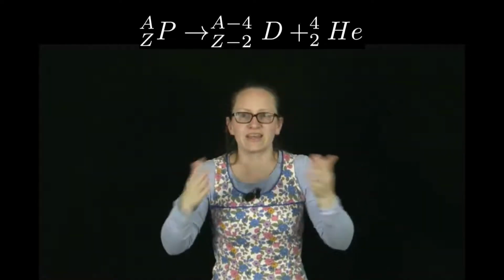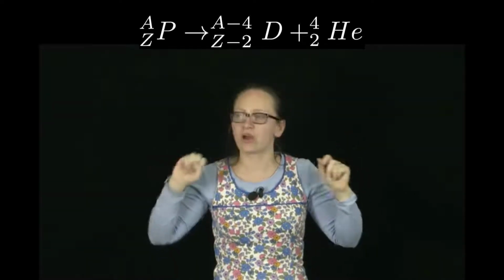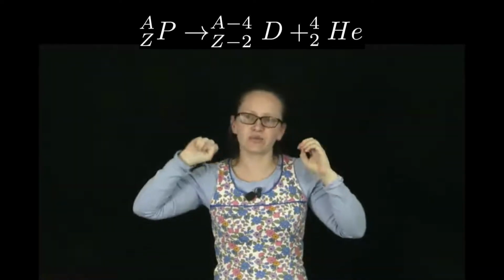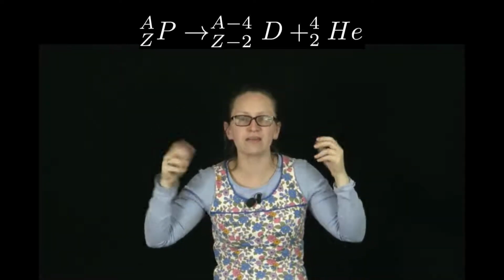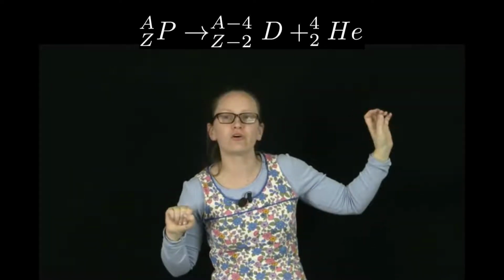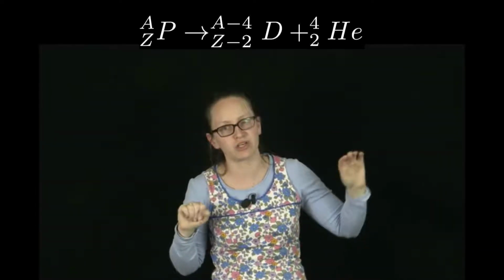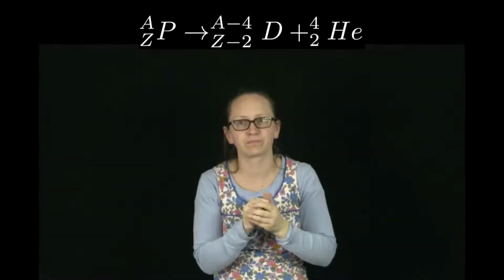So you can see here that the number of nucleons is conserved across this reaction. On the left-hand side, we have the number of nucleons equal to A. On the right-hand side, we've got A minus 4 plus the 4, which are in the helium nucleus, so A. So number of nucleons is conserved.